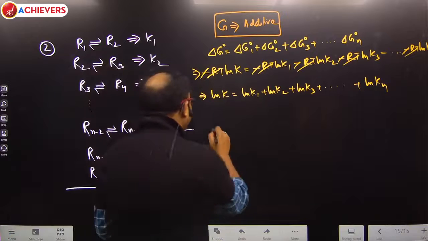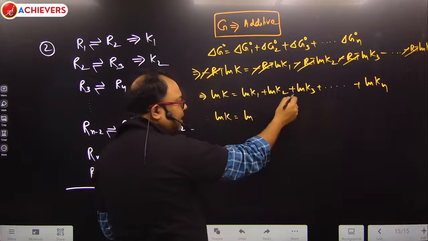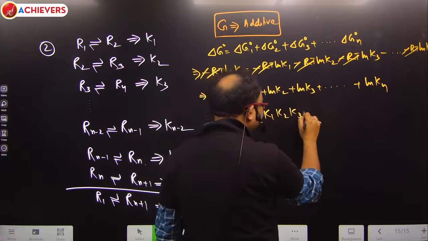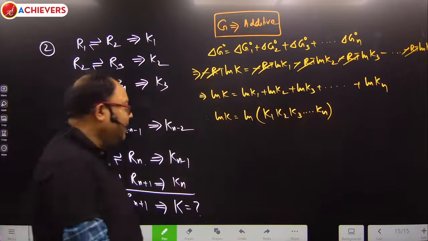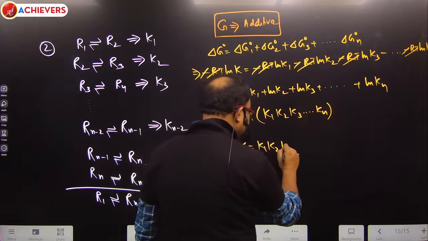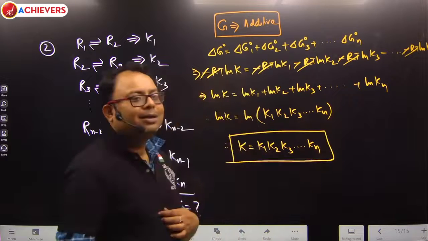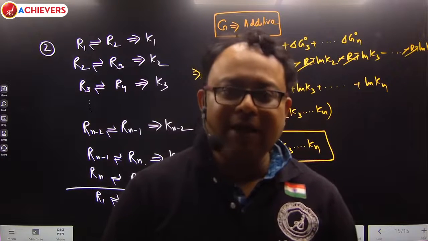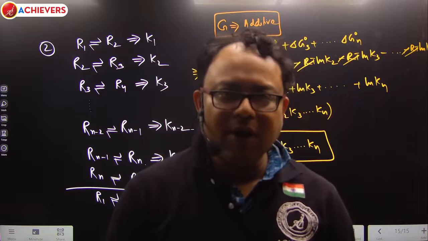Now applying the laws of logarithm, one can say that ln K1 plus ln K2 plus ln K3 up to ln Kn is ln of K1, K2, K3 up to Kn. Now again if you take antilog, you get K to be equal to K1 K2 K3 up to Kn. That means the overall equilibrium constant is the product of the individual component equilibrium constants. You just take the product, you will get the overall equilibrium constant.